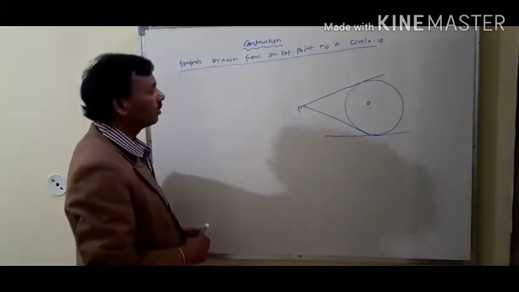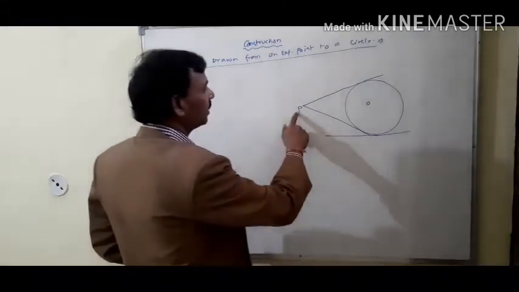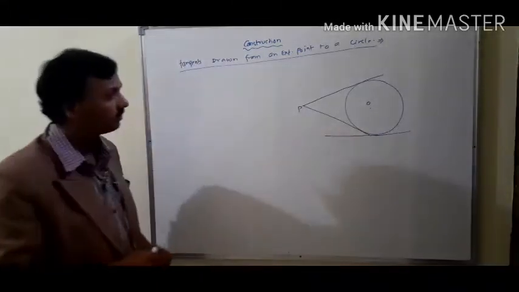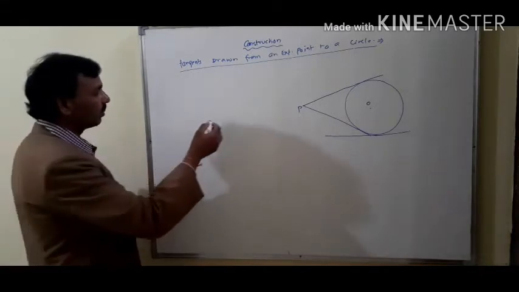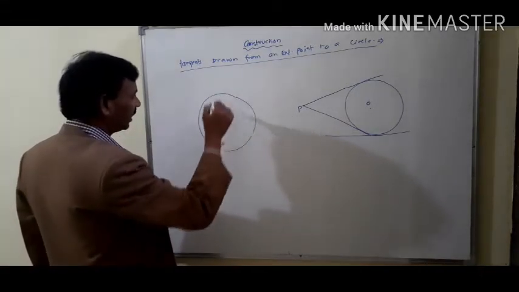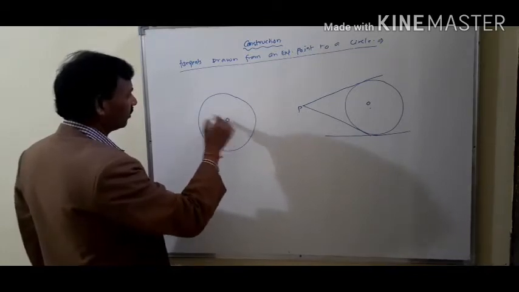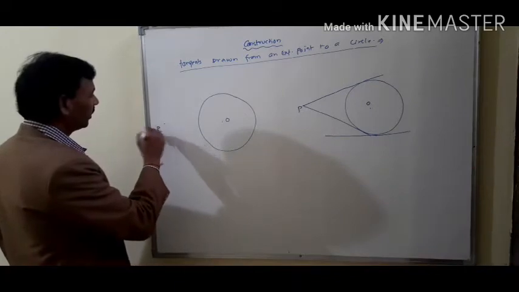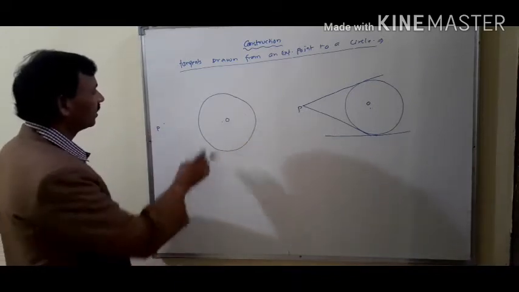What is the method to draw a tangent from an external point to this circle? We will learn here. Suppose this is a given circle whose center is O and P is a point which is external to this circle.